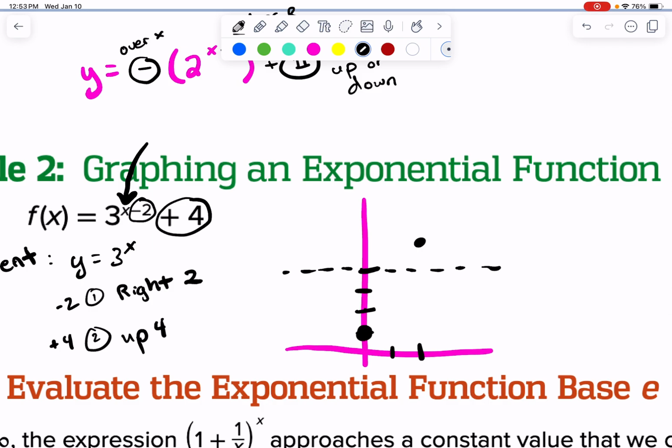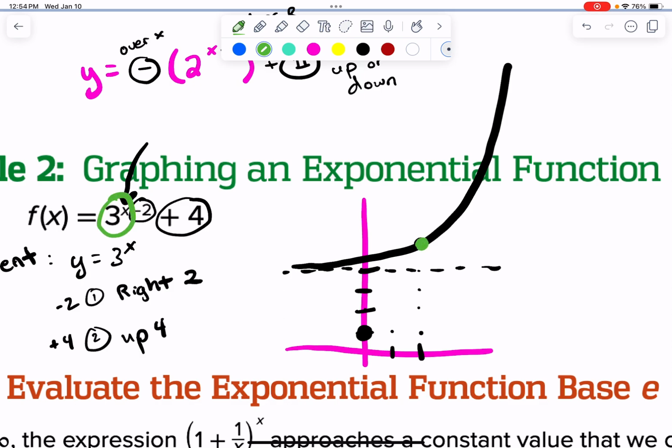So before he was here, if I go to the right 2 and up 4, it's going to move my dot to that spot where he's going to intersect, okay? And he's going to be an exponential growth, so he's going to look something like this, right?